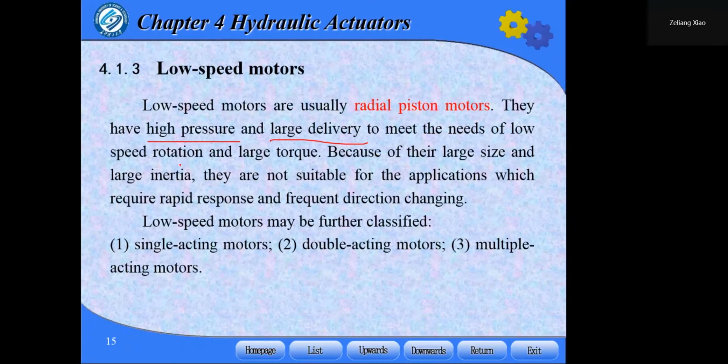Because of the large size and large inertia, they are not suitable for applications which require rapid response and frequent direction changing. Low speed motors may be further classified into three categories: single acting motors, double acting motors, and multiple acting motors.